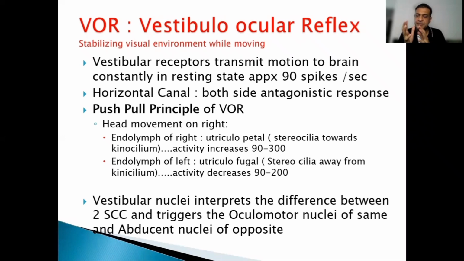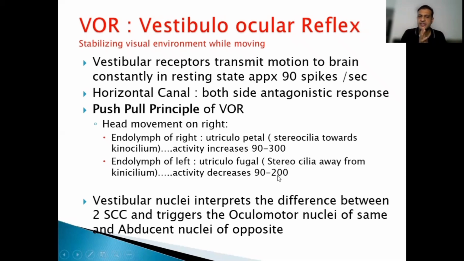So the excitation happens, and the basal spike, which was 90, now goes to 300. So an excitatory stimulus happens when my head is moving to the right side. Similarly, when the head moves to the right side, the endolymph of the left side is moving away from the utricle. So utriculofugal movement, which is inhibitory, so the activity decreases.